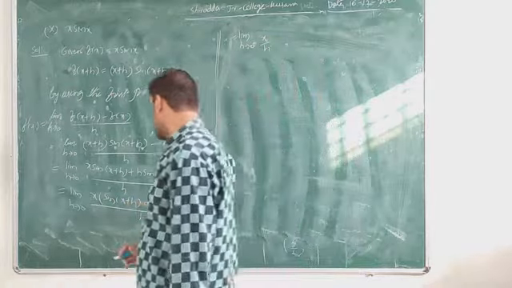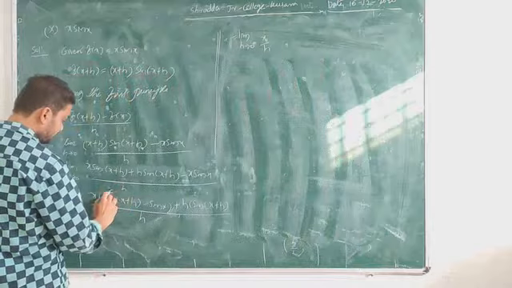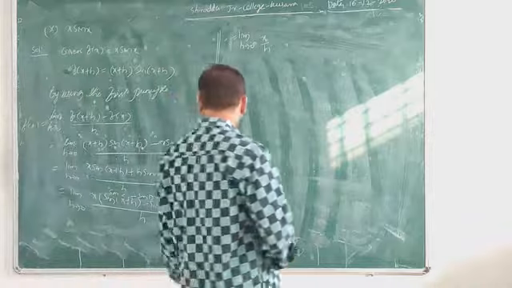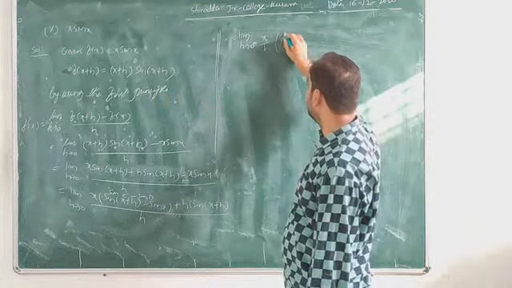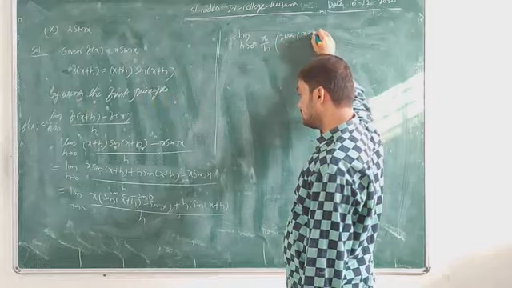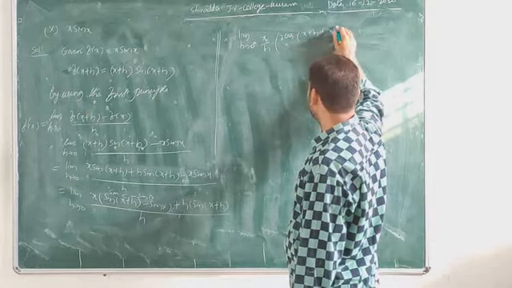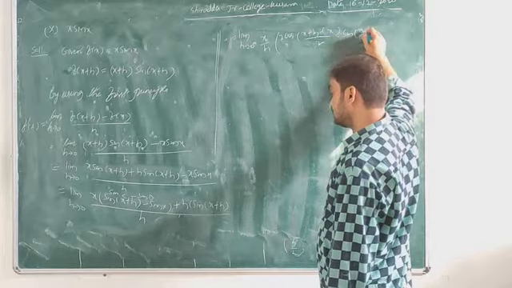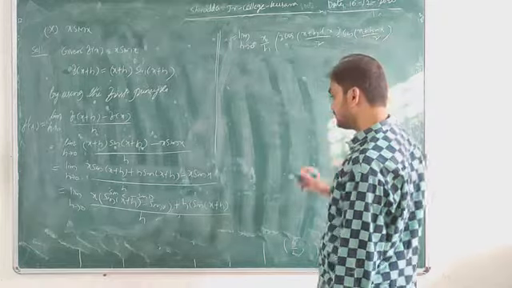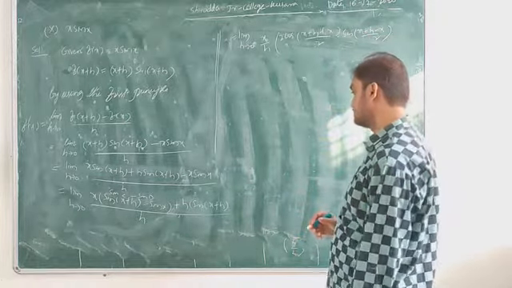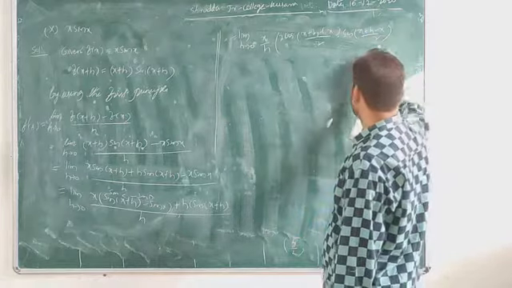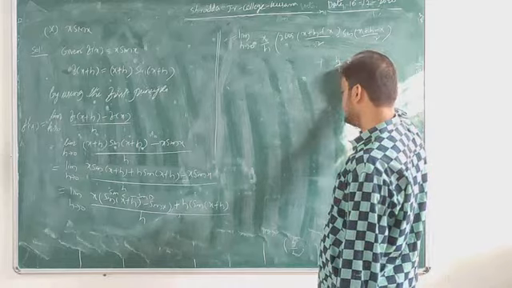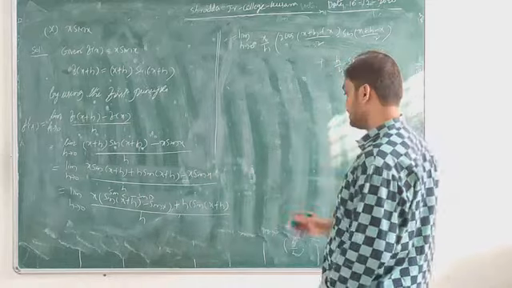Sin C minus sin D. What is the formula here? 2 cos (C+D)/2 into sin (C−D)/2, plus h by h into sin of (x+h).